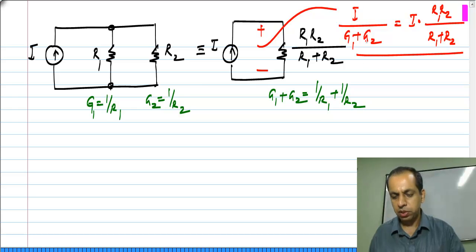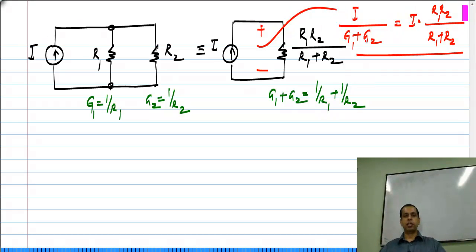So, sometimes when you have parallel combinations, it is useful to use conductances in the analysis rather than resistances. You should get used to both of them, using either conductances or resistances. Sometimes some of the expressions look simpler with conductances than with resistances. So, that is the motivation for using them.